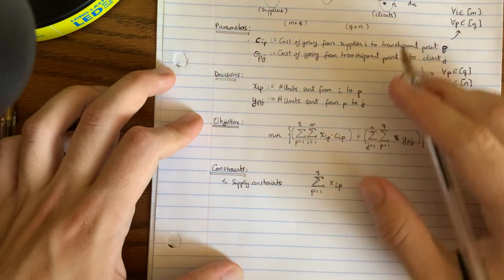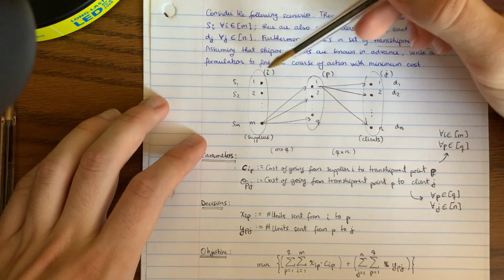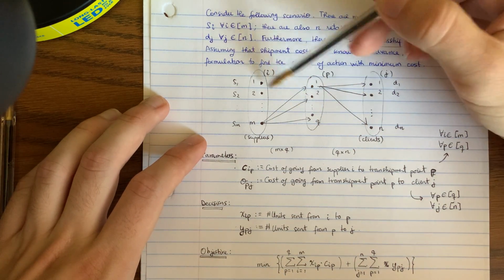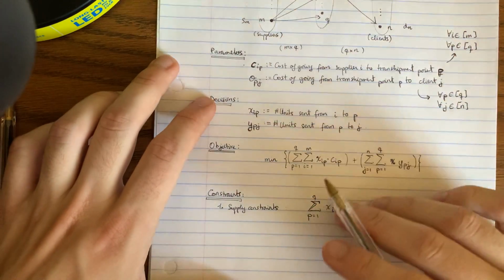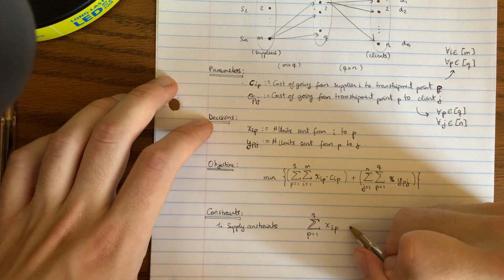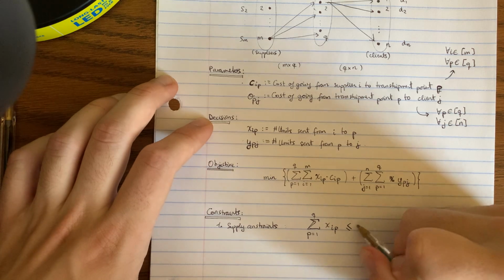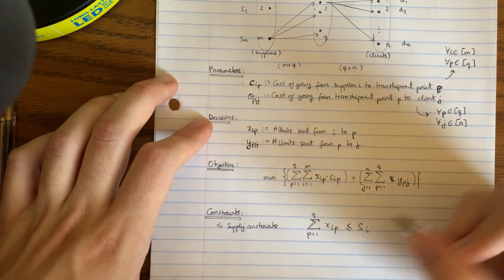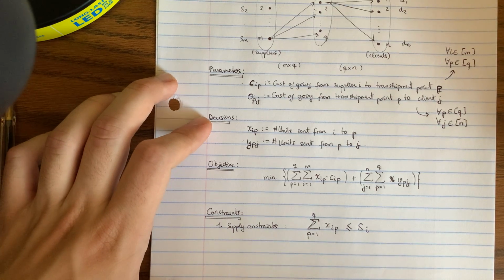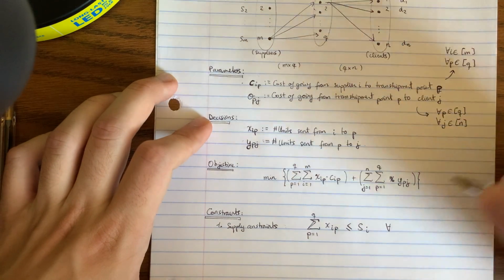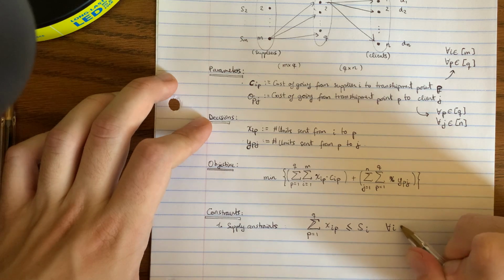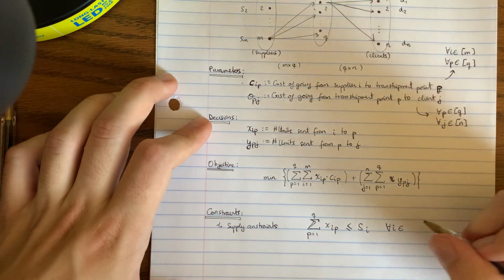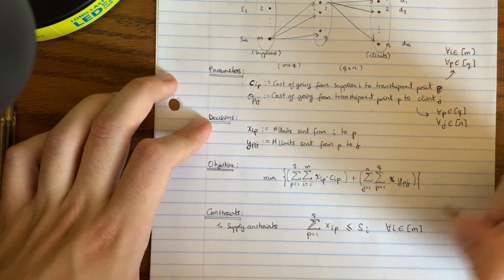And that would tell you exactly how much you are sending out from 1, right? If you specify that this has to be less than S1, in the general case Si, then you are limiting the supply. And that's what we want to do, but not only for 1, but for all the different suppliers, just up to M, 1, 2, 3, up to M.